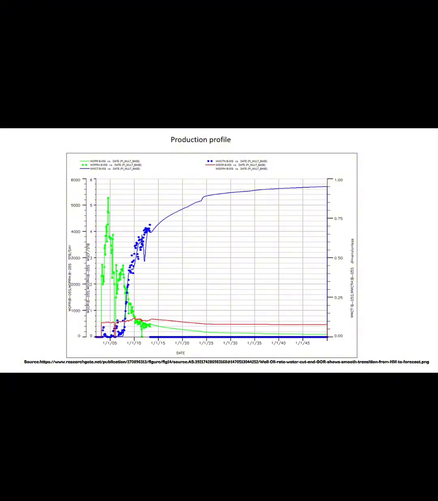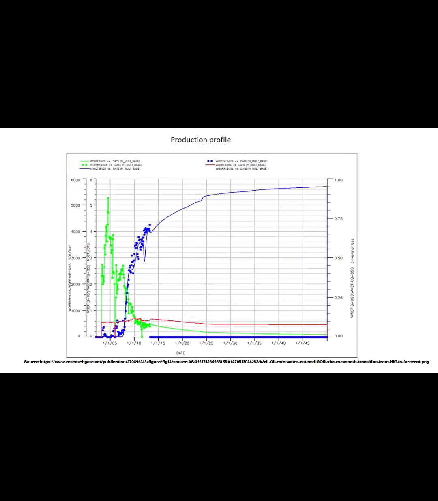So you see the water climbing up, but GOR, gas, was actually kept constant for a very long time at a very low rate. So typically this tells us that at some point things were probably not paid so much attention to, and we had a lot of water breakthrough, or this could have been what was forecasted from initial stages, that after 10 years we begin to have high water cut.